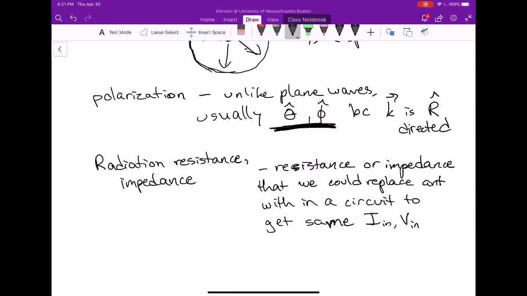Now, a key thing here is that radiation resistance also has key things to say about power and efficiency, and we'll touch on that later.